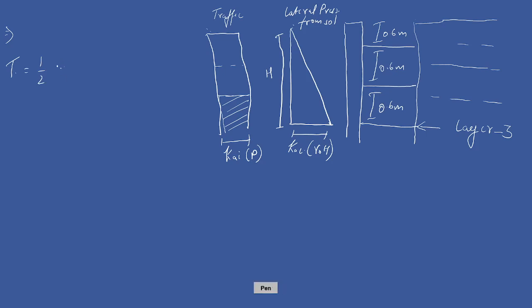So this is basically half into Ka gamma into H square plus 1 by 3 gamma into H square plus 1 by 3 into Ki.